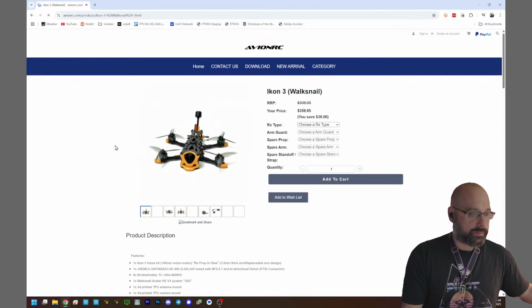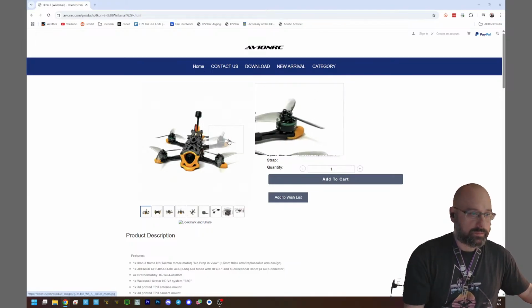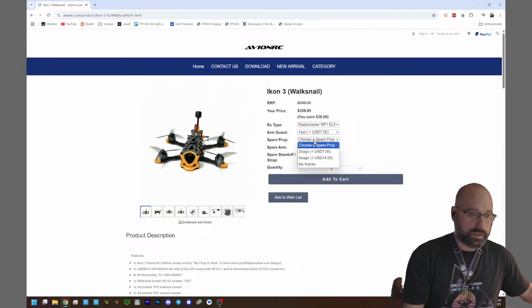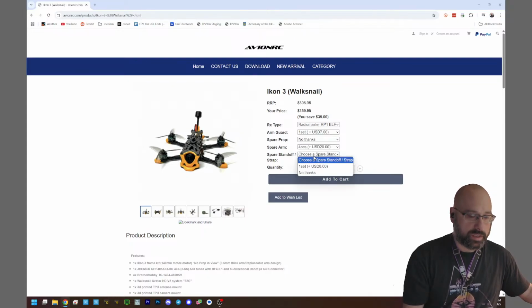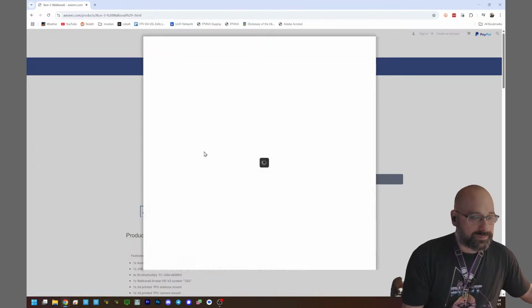No, you're looking at a pre-build. Interesting. Radio Master RP1, sure. Arm guards? Yeah, why not? Spare props? Nah. Spare arms? You're going to need spare arms for sure. Spare standoffs? Yeah, sure, we need those too. Let's take a look at this frame.